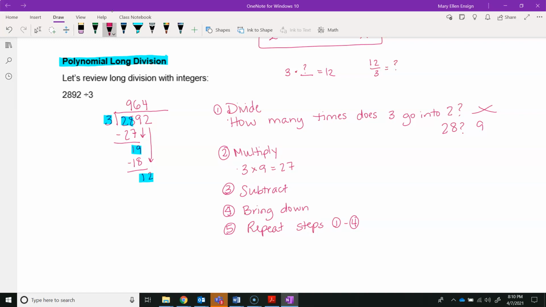I know that my divisor times that number on top, I want it to be this number that's highlighted or as close as I possibly can. In this case, 4 times 3 is exactly 12. I subtract, I have a remainder of 0, and there's nothing else to bring down. So in this case, my answer, or we call it the quotient, is 964, and my remainder is 0.